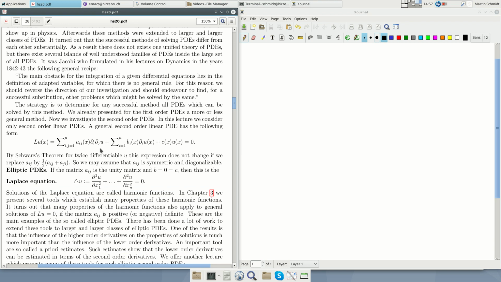So we have a general coefficient of second order derivatives. Since the second order derivative is given by 2 indices, the coefficient is a matrix, an n by n matrix. Then we have the first order derivatives, and then we have the function.